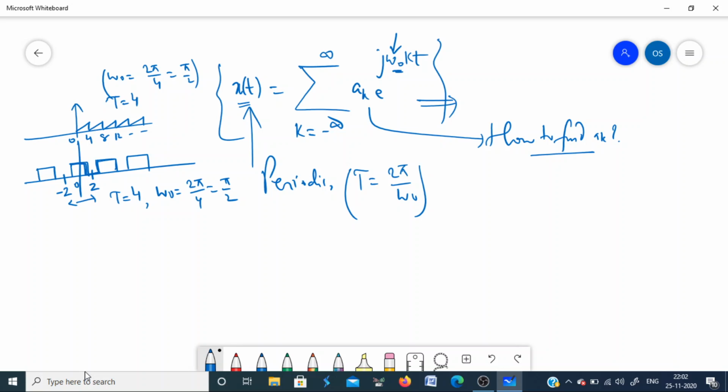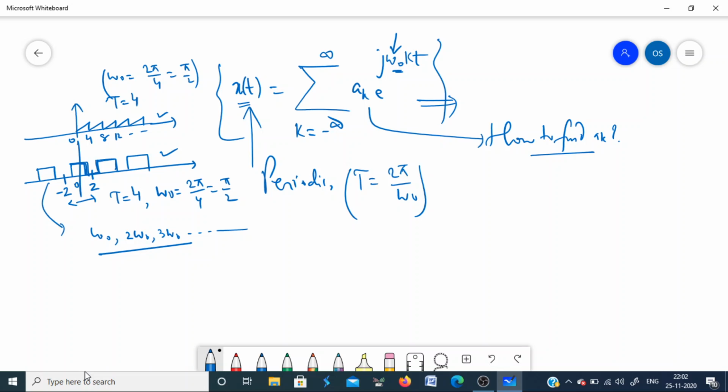It means both these signals have the same fundamental frequency. So when you decompose these signals using the Fourier series, at the output you will have one frequency omega naught, that is pi by 2. Another frequency will be 2 omega naught, then 3 omega naught, harmonics of this. And for both these signals the frequencies will be the same.